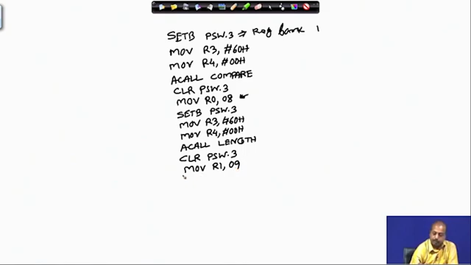That is the length of the first string. Then MOV R2, 10 takes the length of the second string from register 2 of bank 1 to register 2 of bank 0. So, that is the end of the program.